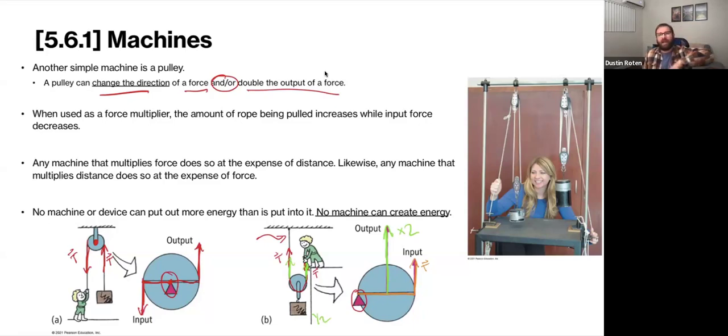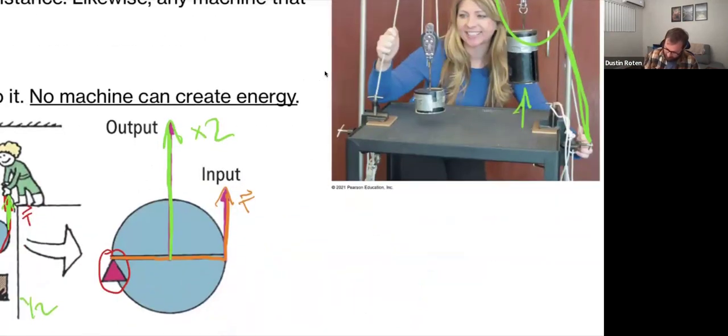Something else to think about is you can actually loop these multiple times, like here in this picture. You can see this is looped 2 or 3 times, and every time you do it, you're essentially reducing the amount of tension you need to apply to the rope to raise some mass, right? But the problem is, look at how much rope you have to pull. So you get to apply less force in this situation.